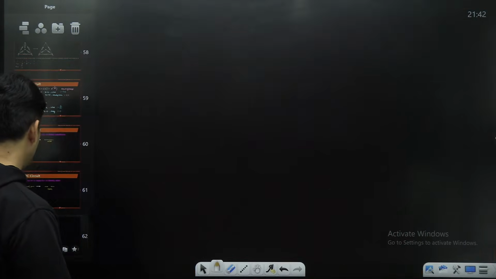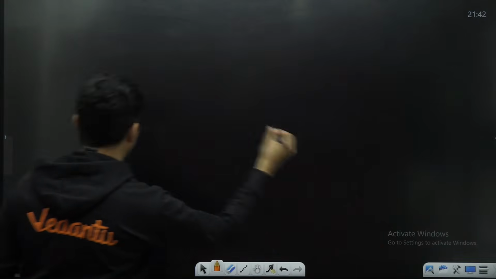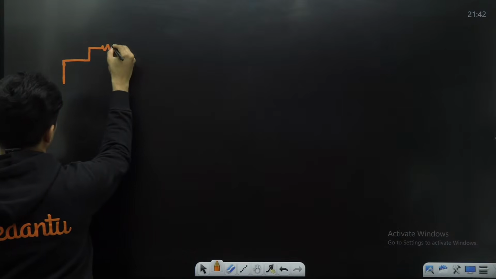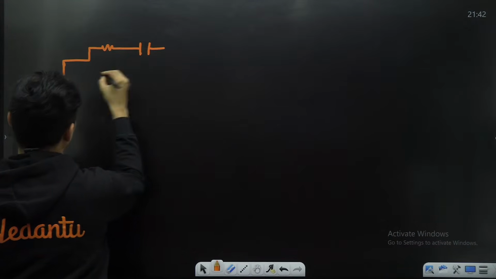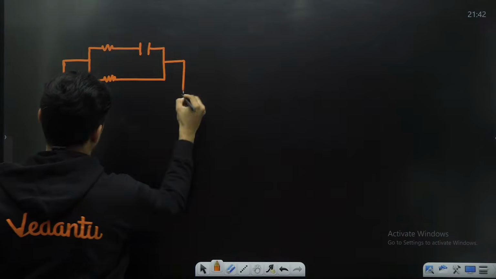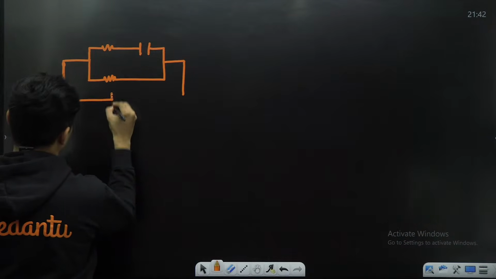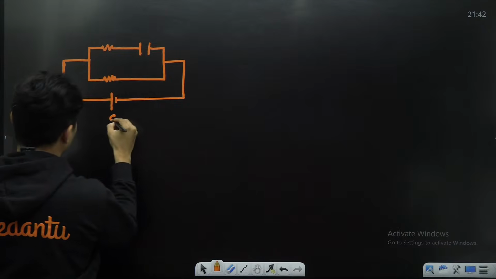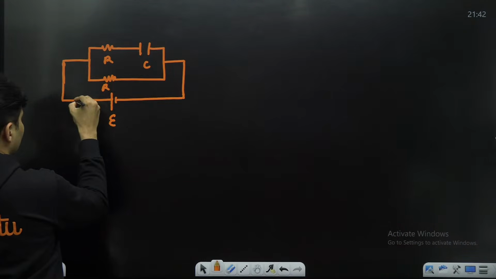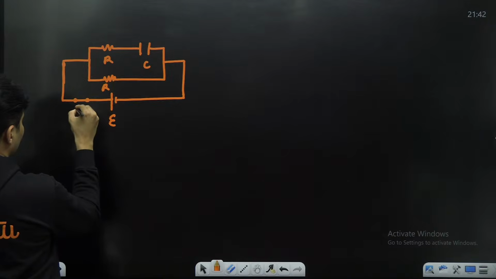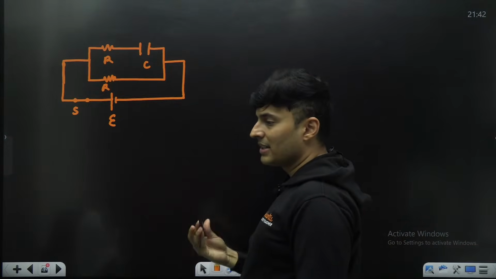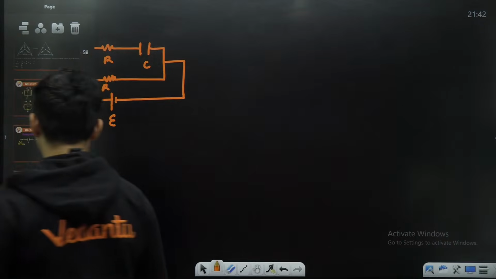Just to give you a simple example, just imagine that we had a circuit which is like this, a resistor here, a capacitor here, and maybe a resistor here like this, and this is connected to a battery here. Let's say this is R, this is also R, this is C. Maybe the switch was over here. This is that switch. So when you just connect versus a long time, how will it behave?